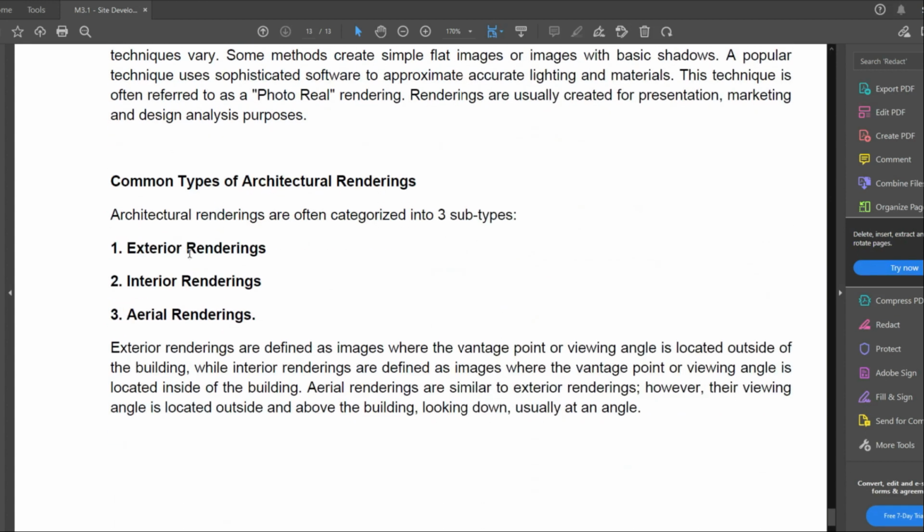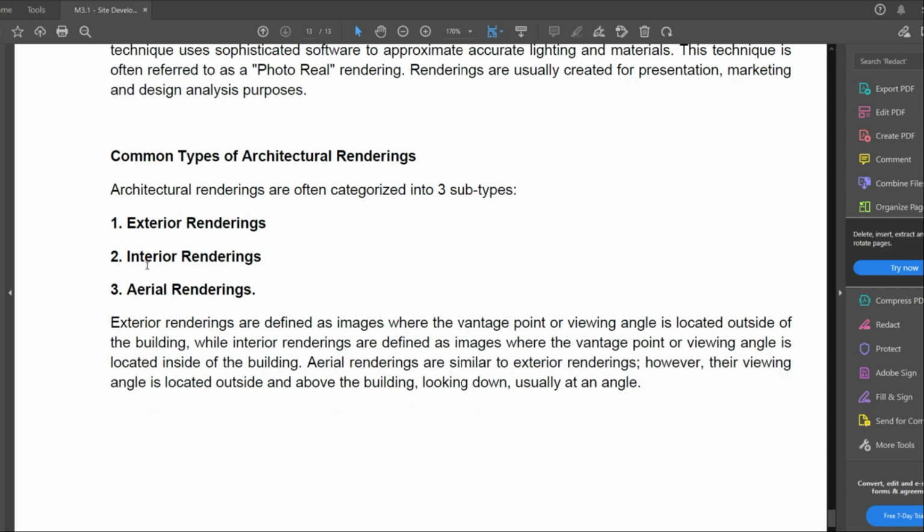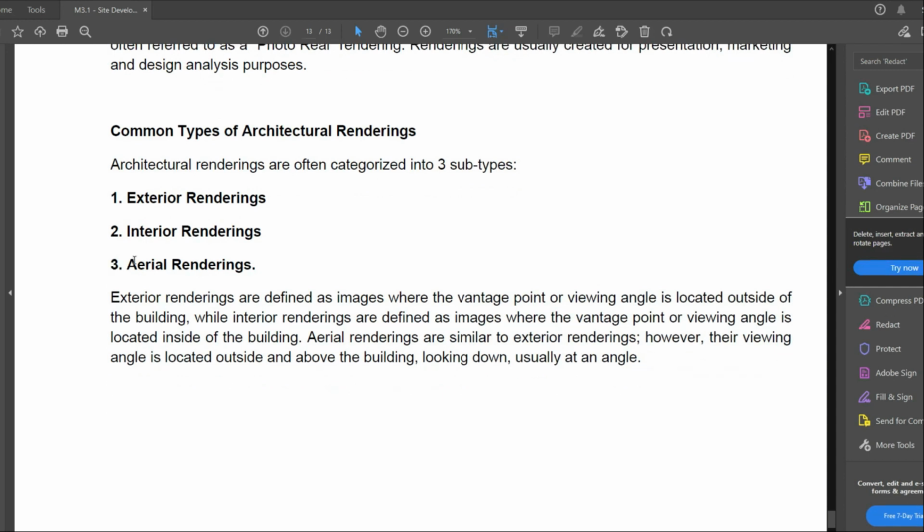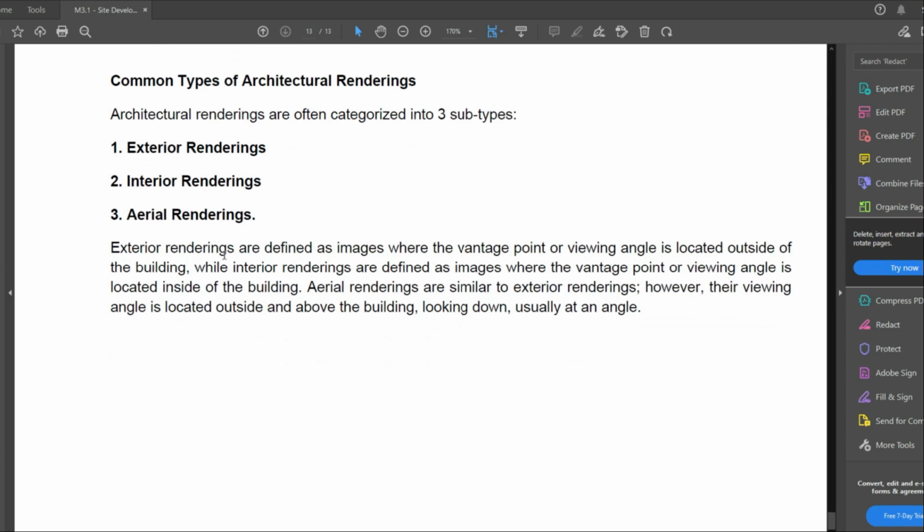So common types of architectural rendering: first is exterior rendering, and then interior renderings, wherein ang ginapakita is ang sulod sang balay. Then the aerial rendering or sa babaw.